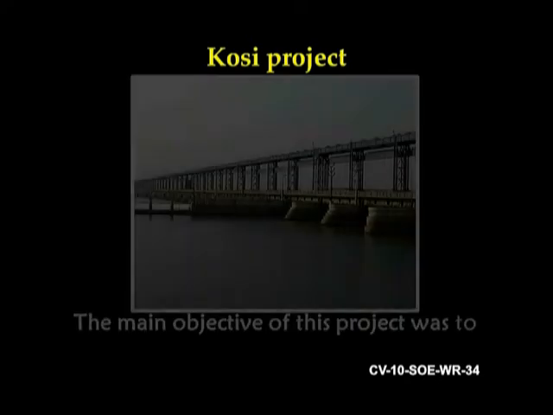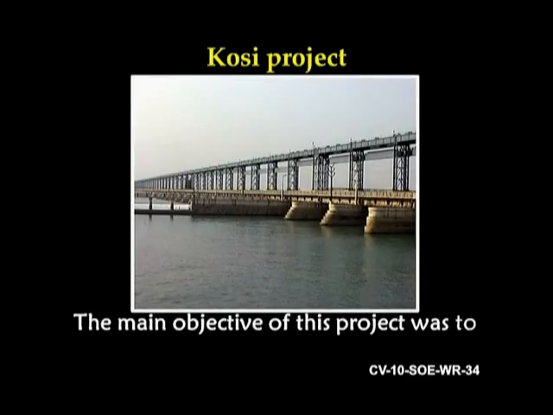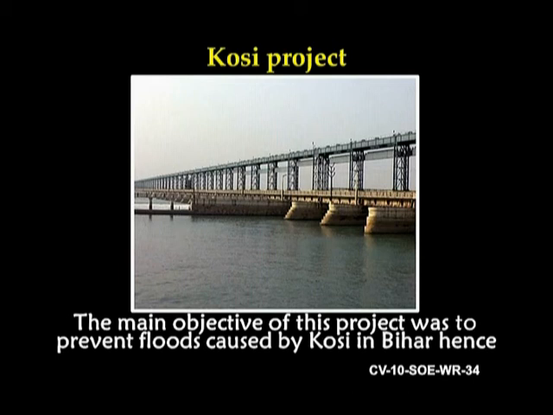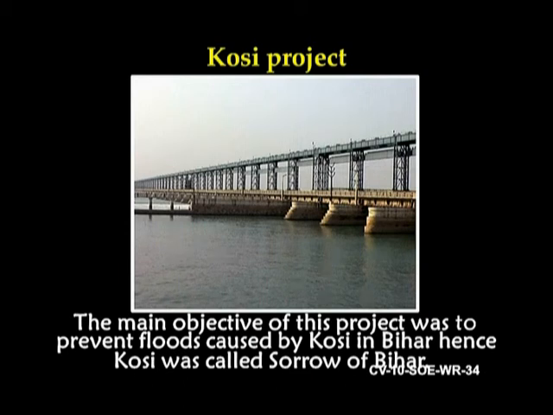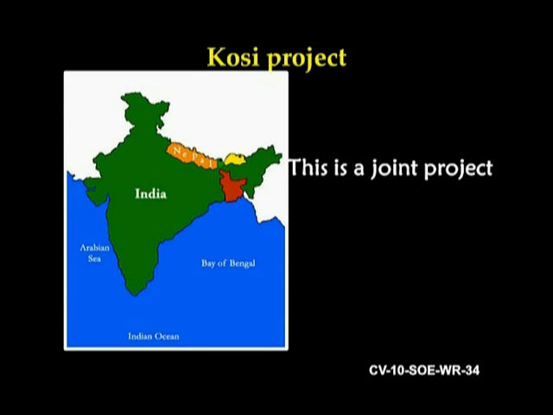3. Kosi Project. The main objective of this project was to prevent floods caused by Kosi River in Bihar. Hence, Kosi was called the sorrow of Bihar. This is a joint project between two countries, India and Nepal.